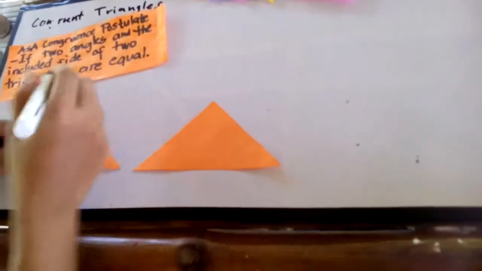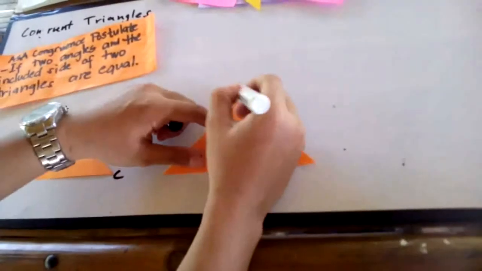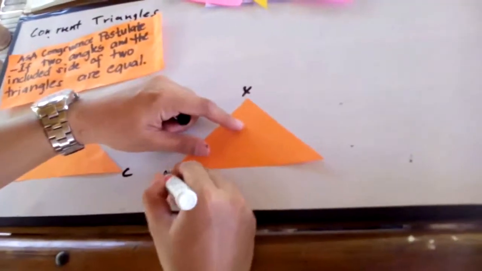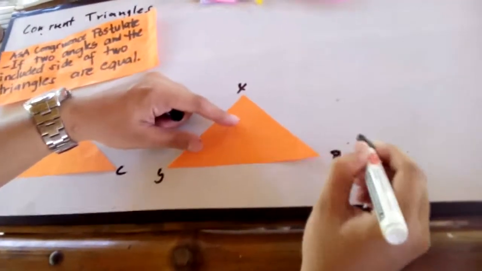For example, we use triangle ABC to show that two triangles are congruent using the ASA congruence postulate.